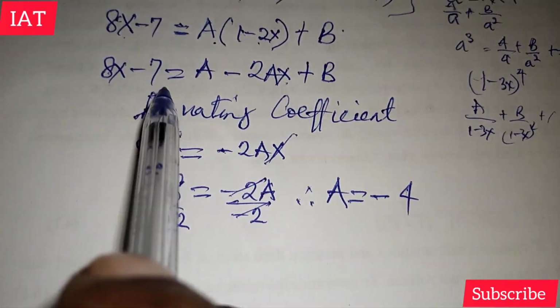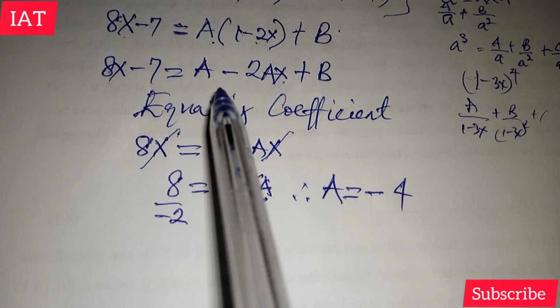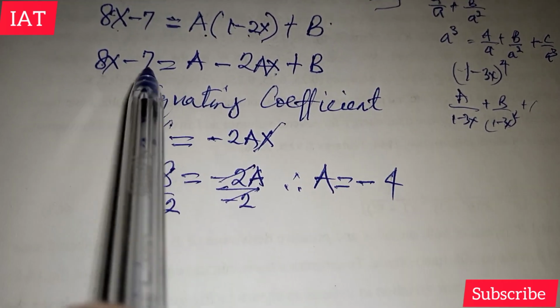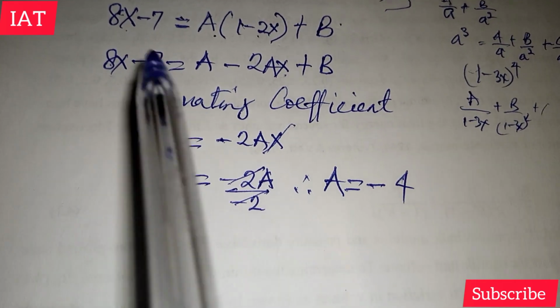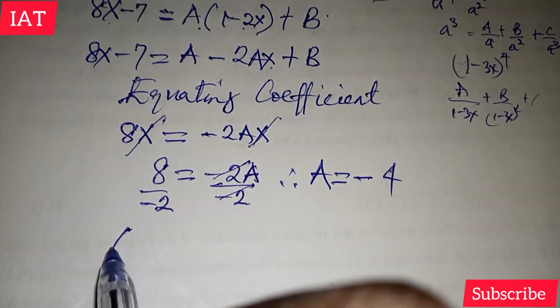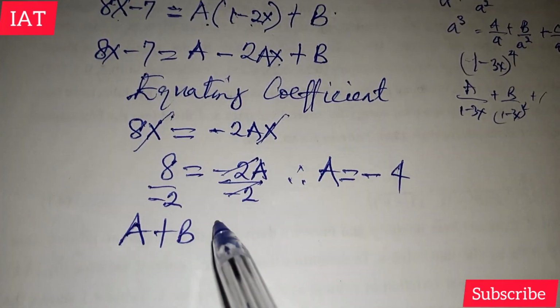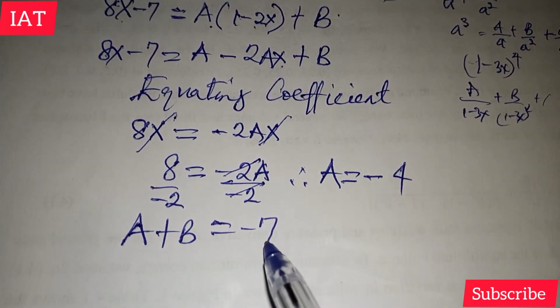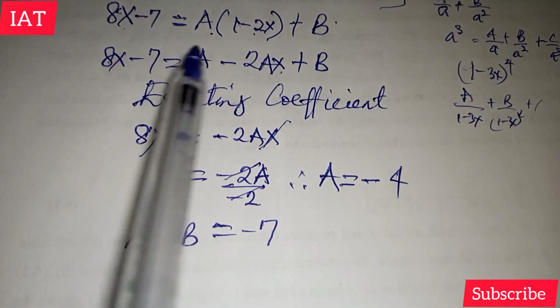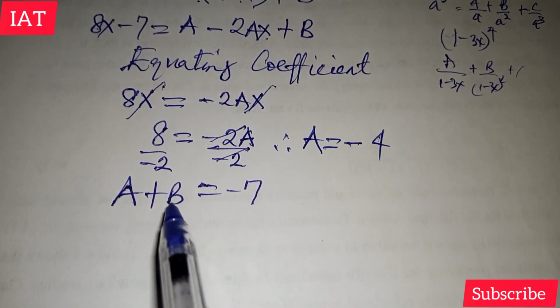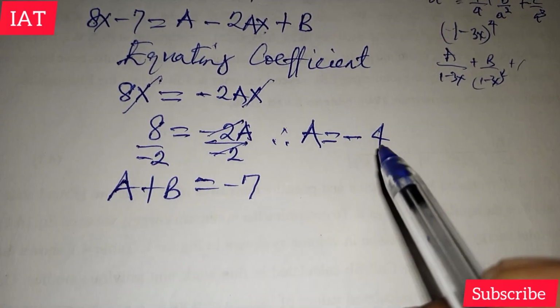And again, from this equation, you'll notice that a and b don't contain x, and minus 7 also does not contain x. That literally means that a plus b will be equal to minus 7 by equating the terms that do not contain x to each other. And of course, you know that we've gotten the value of a to be minus 4.